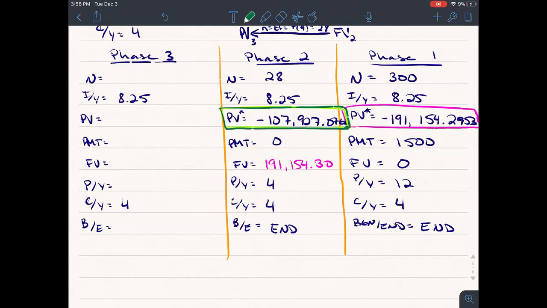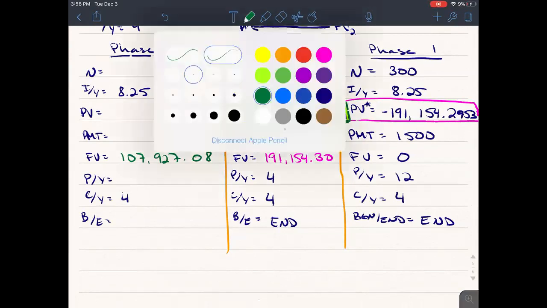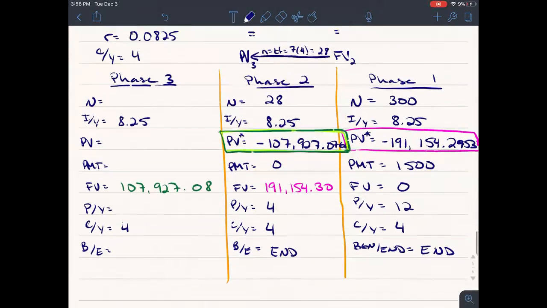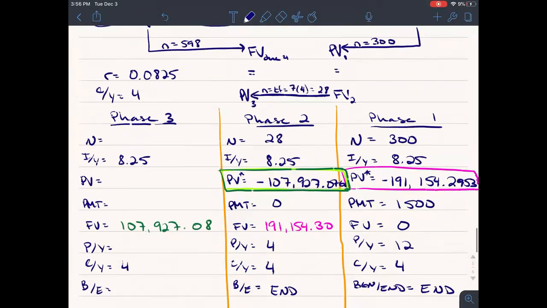So this present value becomes the future value of your payments that you're trying to solve for. And so we've got 107,927.08. Our N for phase 3 is 598.